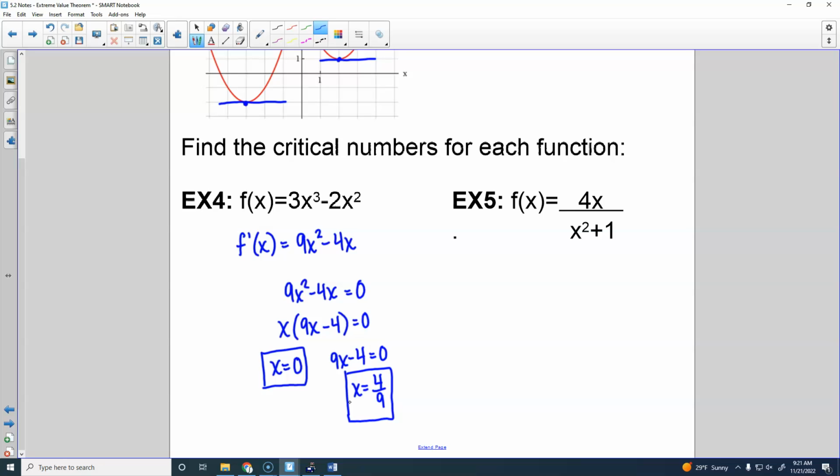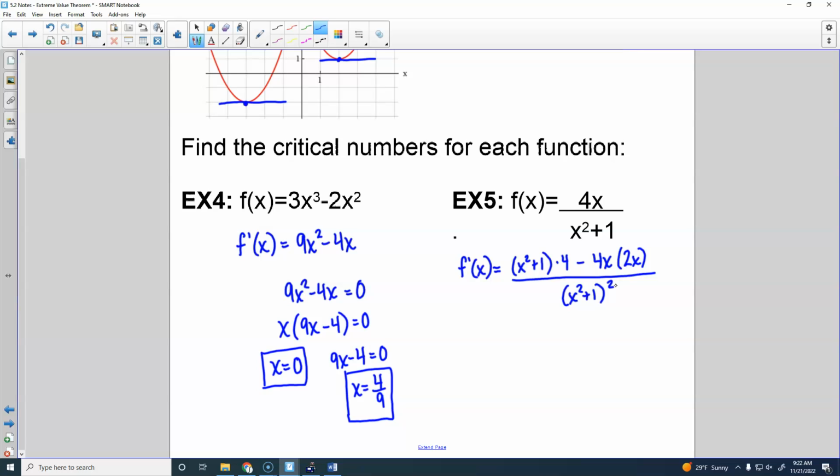When you do the same thing for number 5, it's a little tougher because our equation is a little tougher. Grace, what am I going to have to use to take the derivative for number 5? Quotient rule. Very good. So f prime of x is x squared plus 1 times the derivative of the top, which is 4, minus the top times the derivative of the bottom, which is just going to be 2x, all over x squared plus 1, squared.